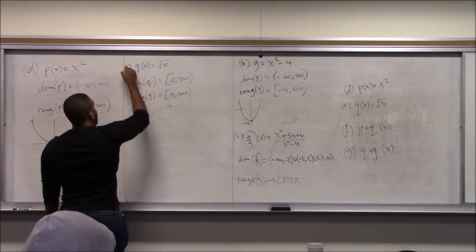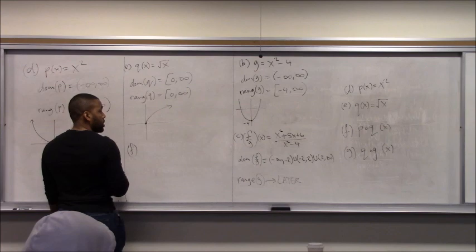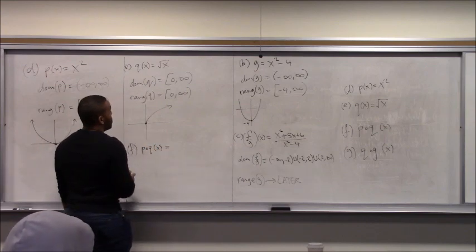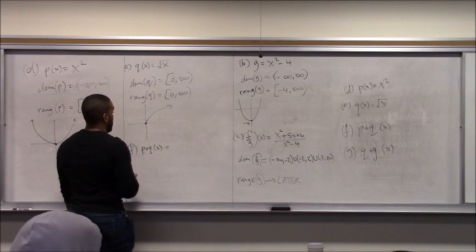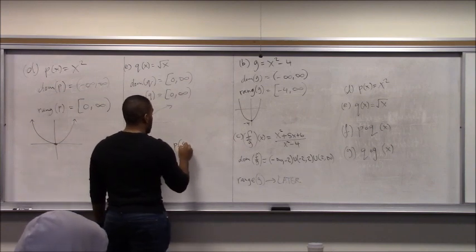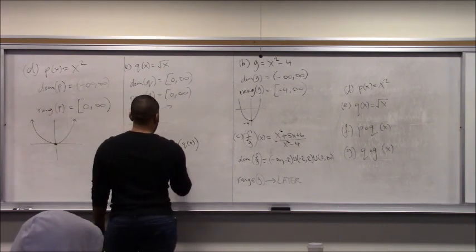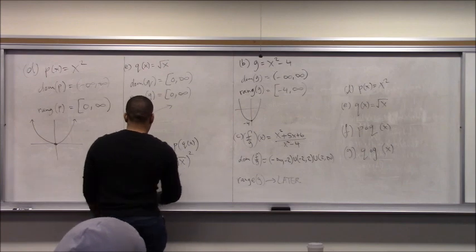That was E. What about F? So here I'm going to take P of Q of x. We know this means that I'm going to take P and plug in Q. So this means I'm going to take something squared, it's going to be a radical of x, and I'll get x. What is the domain?